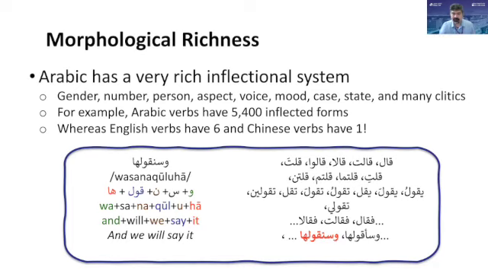So for example, a verb in Arabic would have about 5,400 inflected forms. That number for a linguist is jarring, right? It's much higher than you expect, because often we, as linguists, look at these tables of person, gender, number, aspect, maybe, that seems simple enough. But when you're looking at written Arabic, there's also all the clitics that are attached that are often not in those books of 500 verbs of Arabic.